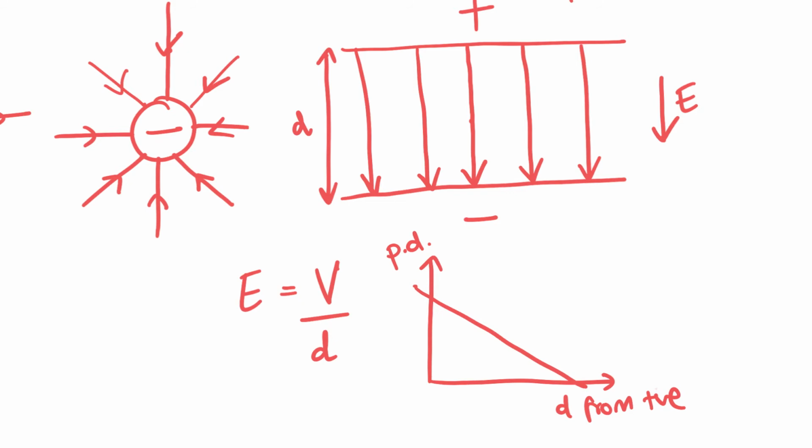So what we're doing here is we're plotting potential difference there on the y-axis. We are plotting the distance from the positive plate on the x-axis, and we do get a straight line, so that means there's some constant here, and because this is a negative line, we have a negative constant.